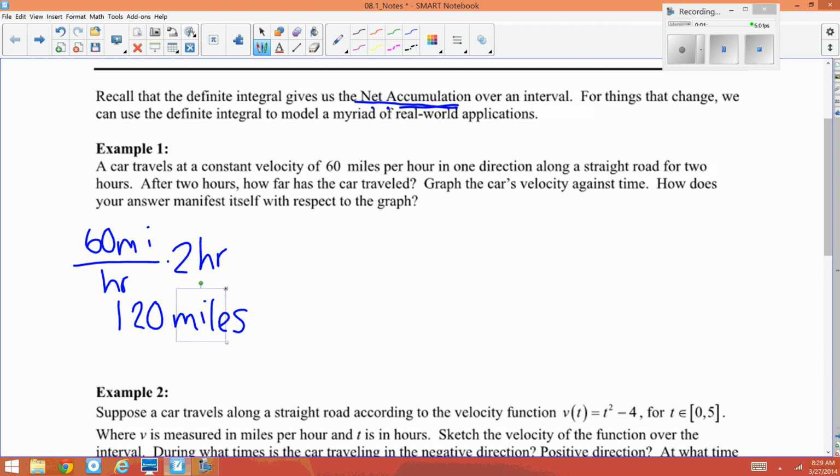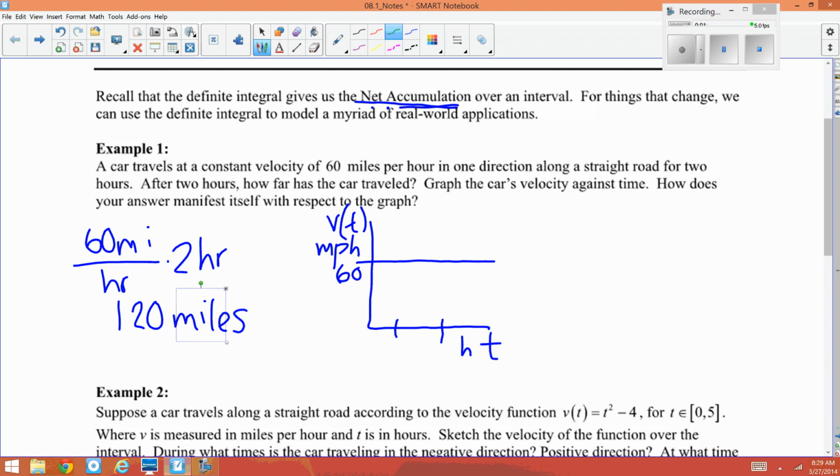Graph the car's velocity against time. Here we go. We have a velocity versus time. We have miles per hour and hours. So we're talking about 2 hours, and the velocity is 60. How does your answer manifest itself with respect to the graph?